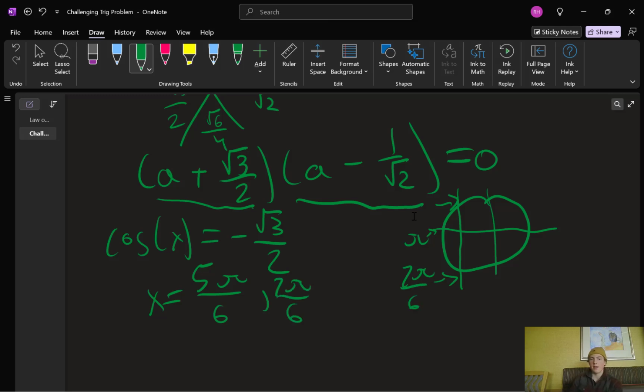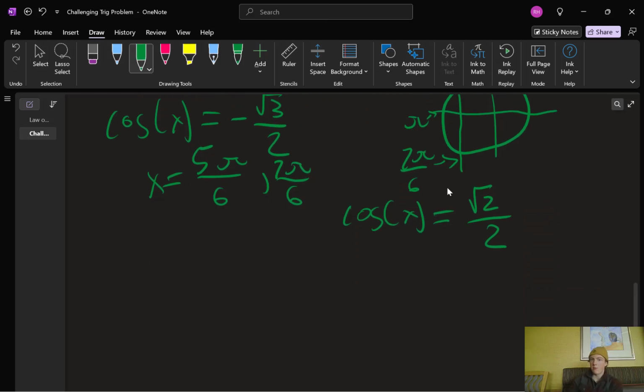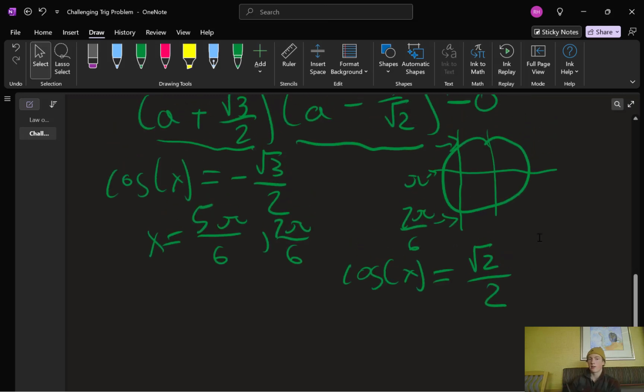Then we just have to get the other form, a minus 1 over square root 2, and we can substitute our values in. Cosine of x equals square root 2 over 2, since if we multiply both the numerator and the denominator by square root 2, we get that. Now when is cosine of x equal to square root 2 over 2?